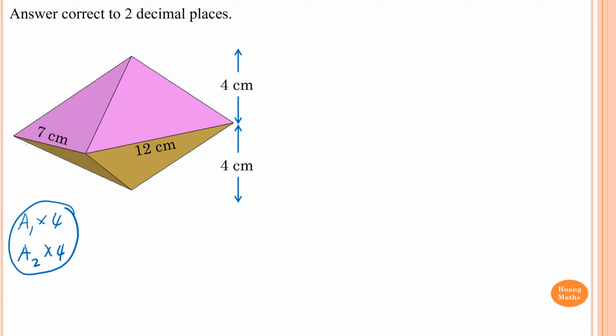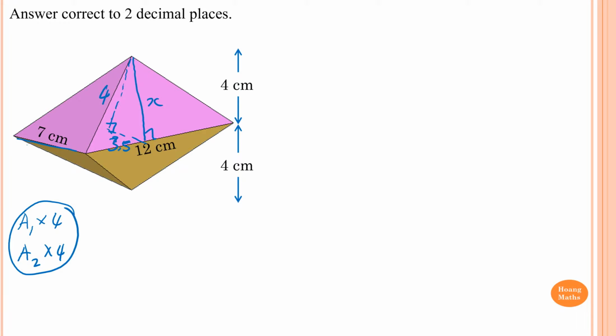First of all, I just want to find this perpendicular height first. I know that the inside perpendicular height is 4 centimeters. So let's say this is 4, and because from here to here is 7, this must be 3.5. I just write here 3.5. Let's say this is x.